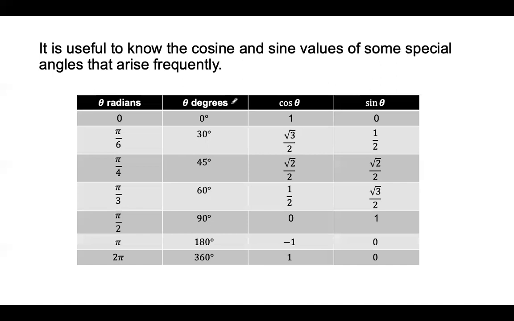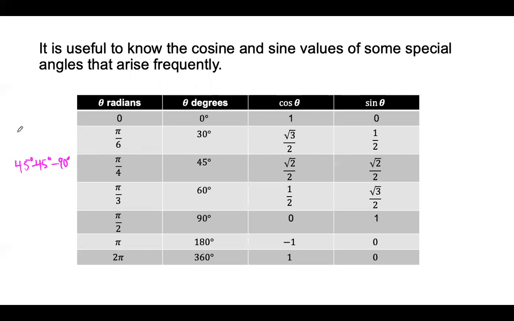It's actually useful to know the cosine and sine values of some special angles that arise frequently. So this pi divided by 4 is the 45, 45, 90 triangle.